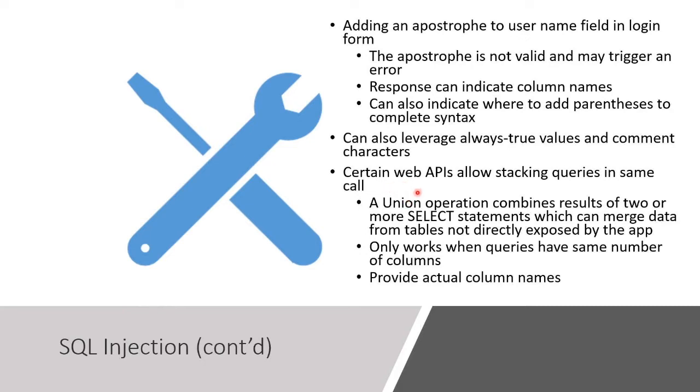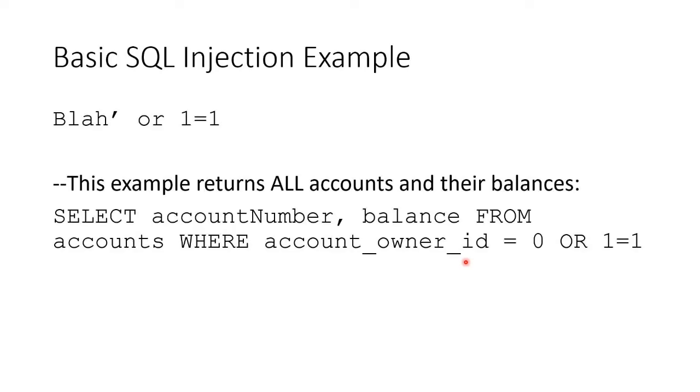And the union operator, as we've mentioned before, will allow us to combine results of two select statements and give us one output. And one of those select statements could be select star from customers. Of course, though, there might be some limits on this. You may have to provide some actual column names, and it works best when the two tables you're querying have the same number of columns. However, that's not a hard and fast rule.